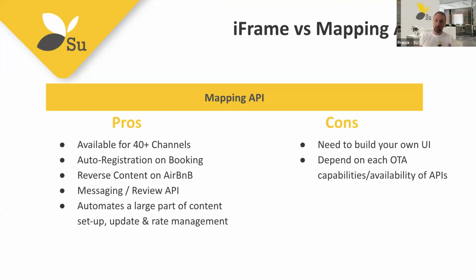Obviously, messaging and review APIs depend really on the channels themselves, but it automates a large part of the content update, rate management in most part, and it keeps evolving. On a regular basis, we do add functionalities. We're actually looking at how we can make the image management a little better in order to update and add, remove pictures on the OTA.